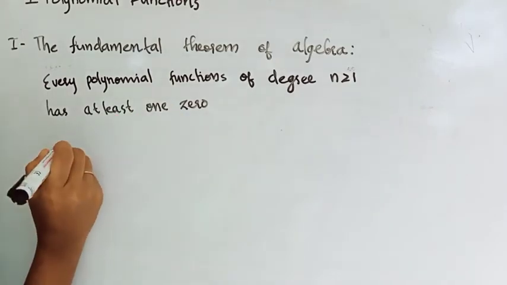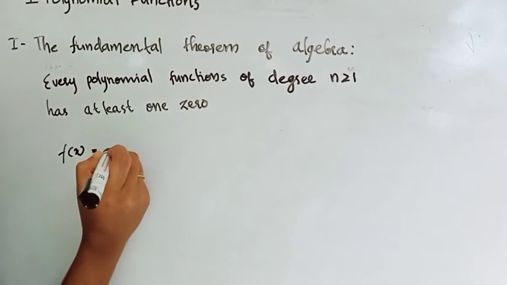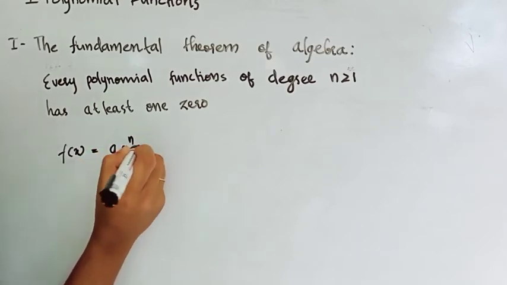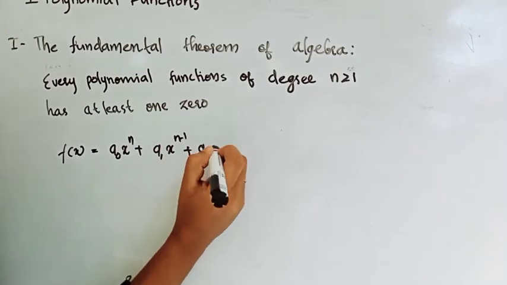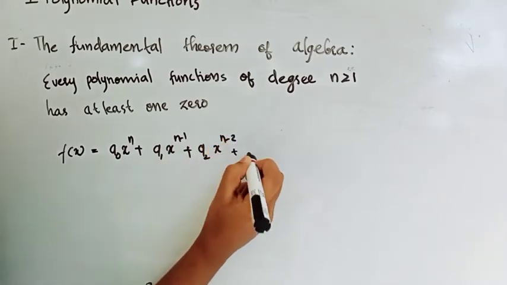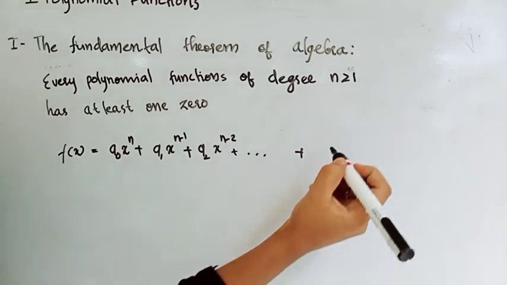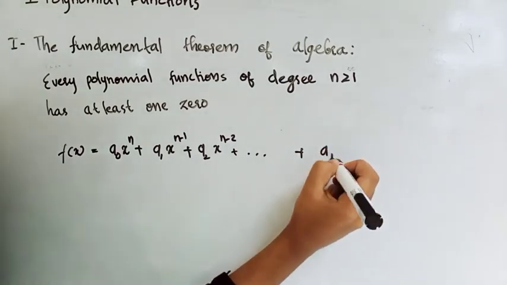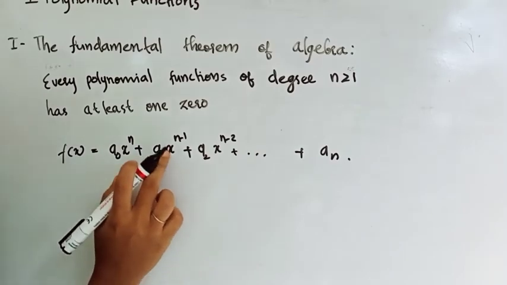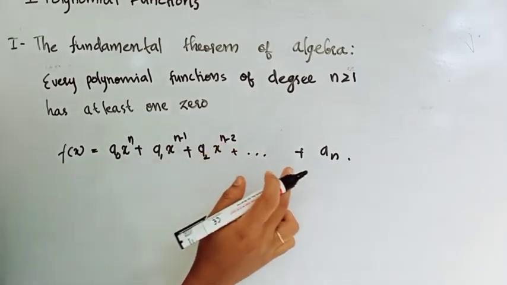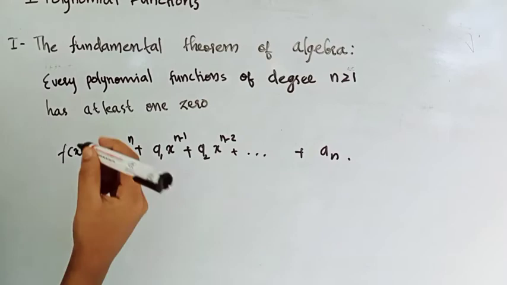Which means that we have already written that f of x equal to a naught x raised to n plus a1 x raised to n minus 1 plus a2 x raised to n minus 2 etc. plus an.